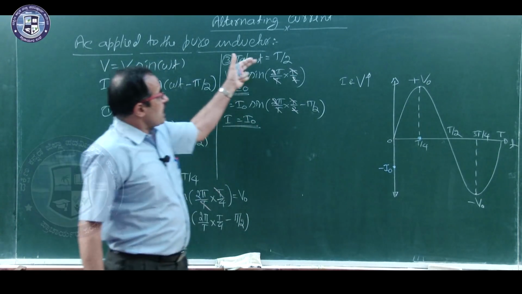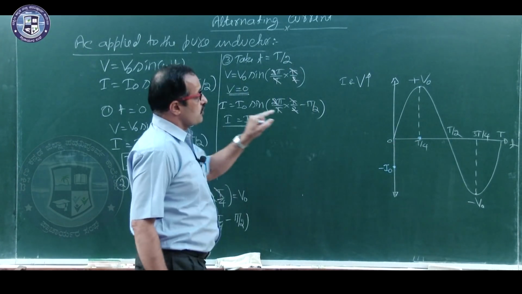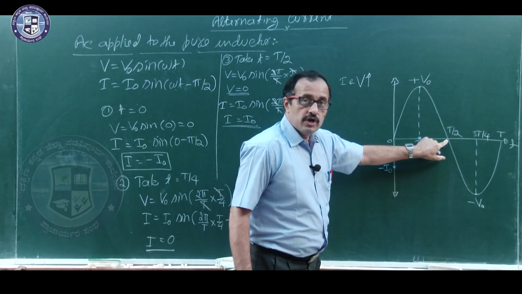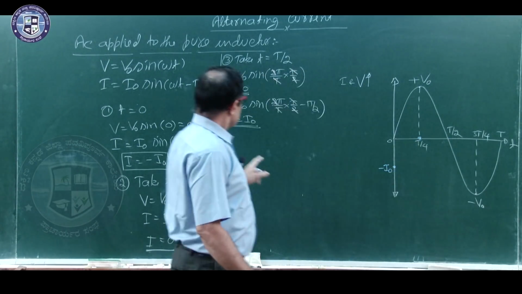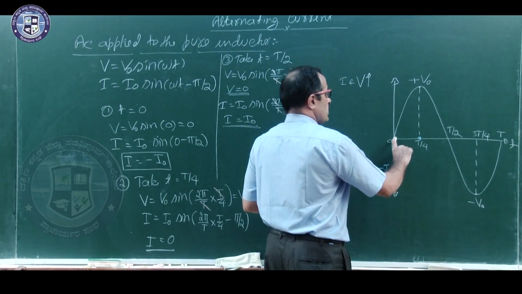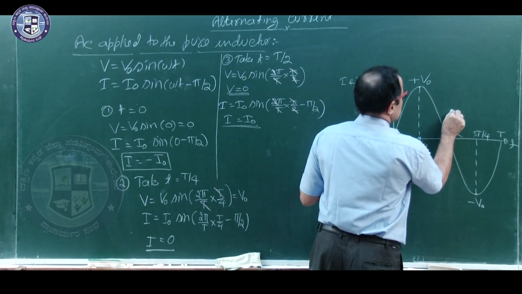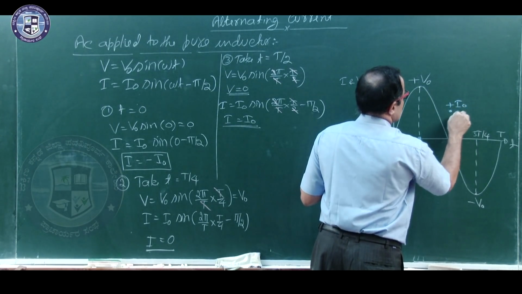Means, when time equal to T by 2, voltage is 0. Look here, voltage is already 0. But what is the value of current? Current is equal to plus I naught. So, take the same value I naught here, plus I naught.